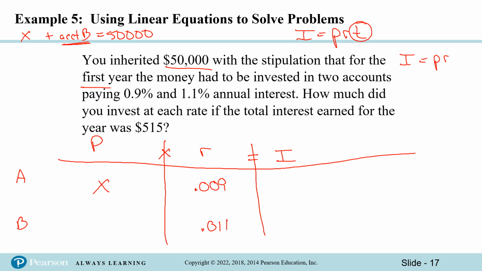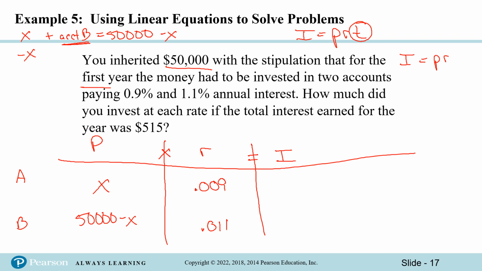So to figure out how much you invested in account B, you subtract your X. If you know the total, then you're going to take 50,000 minus the first account. Okay, it always works that way. You take the total minus X.